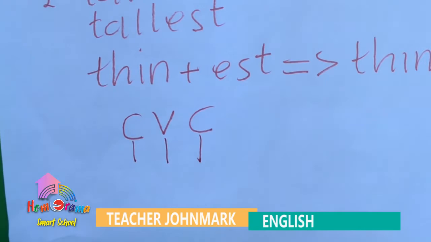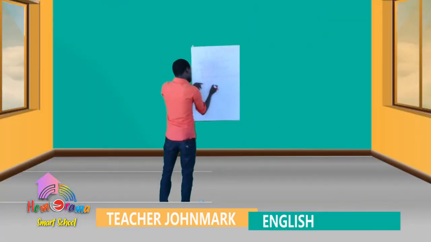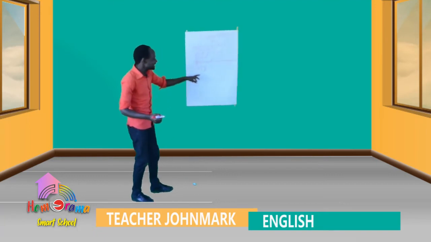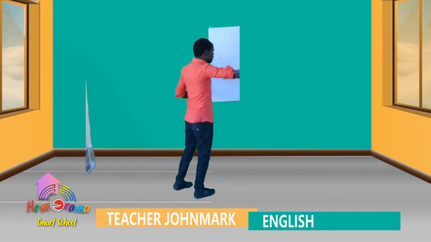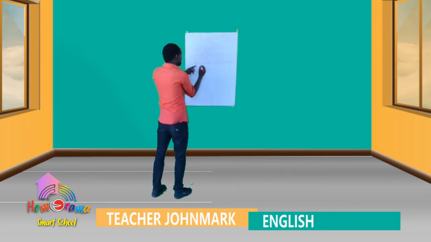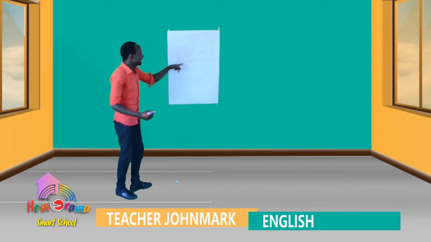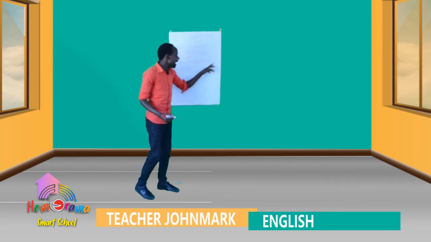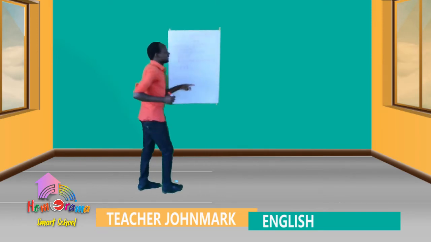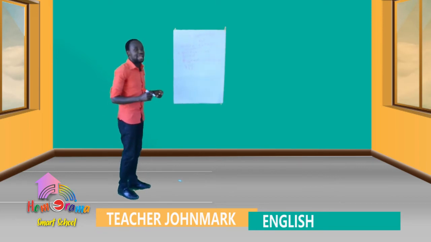So if a word has this formation, we double the last consonant, which here is letter N. I double letter N so that I have 2 letter N's. So the word will be thinnest, double letter N and not single letter N.